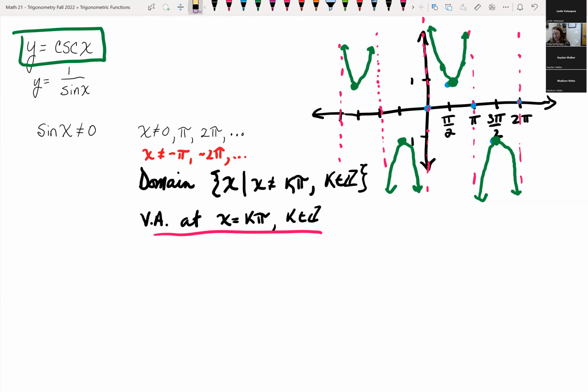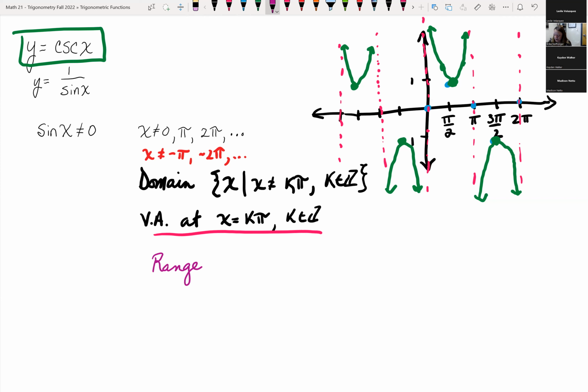So other things that you should be able to answer on these type of questions, what the domain is, what the vertical asymptote is. You should also be able to find the range. And so the range, recall, are the values of y, those outputs that we're getting for every input that we put in. And so the y values that we're hitting, notice that part of our graph is shooting down to negative infinity.